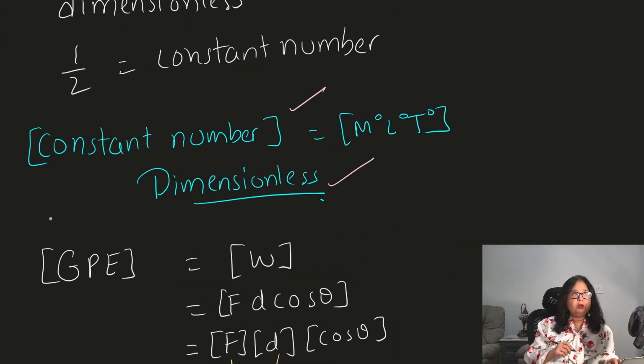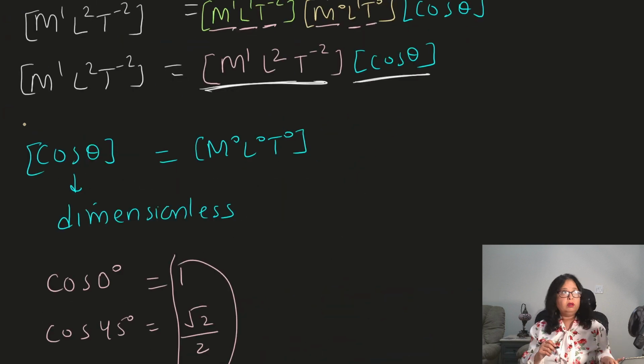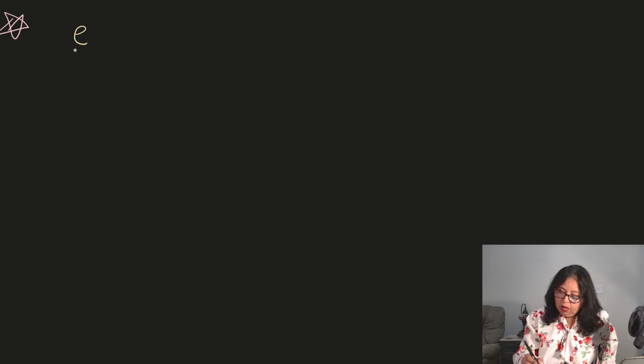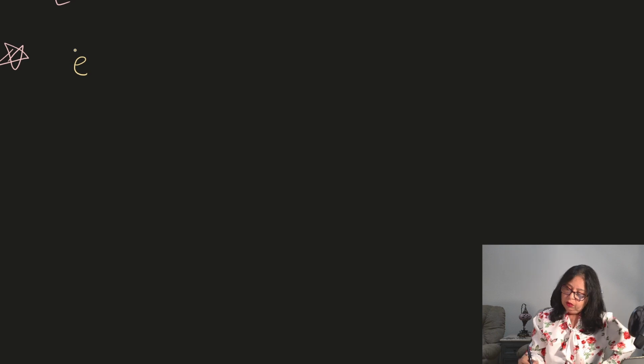So the first one was all constant numbers are dimensionless. Second, we did all trigonometric functions are dimensionless. This is not it. What else is dimensionless? If you're taking exponential of something, right? You could have exponential of whatever, kx.